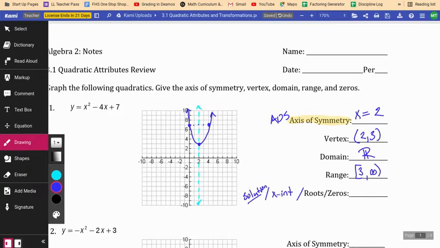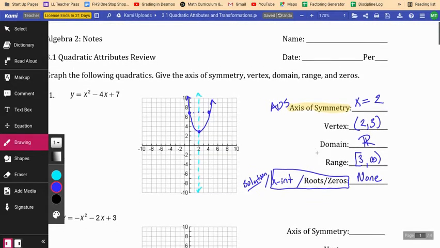So sometimes that'll be a solution as well. But for right now, just know for sure x-intercept, roots, and zeros mean all the same thing. So here it never intersects the x-axis, so there are no roots or zeros, so you just go ahead and put none.